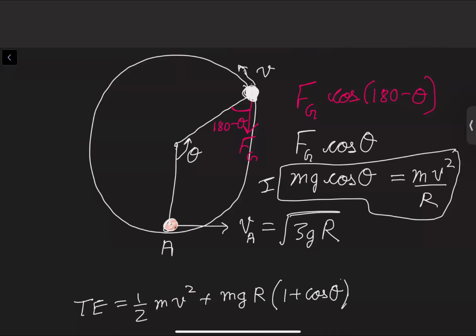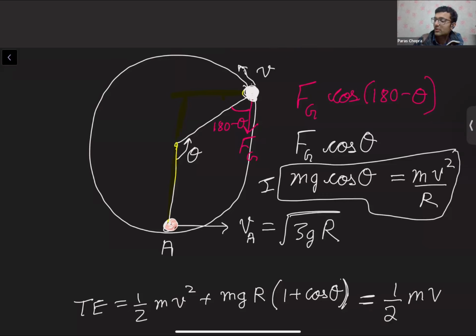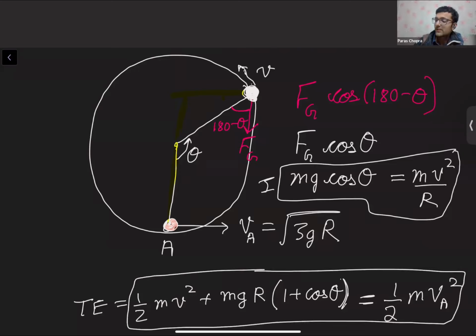Okay, so ये total height will be this height which is r plus the additional height which is r cosine theta. तक height लेना है हमें. Therefore the potential energy will be mgr(1 plus cos theta). And this will be equal to half mv_a square because this is the total energy at point A. So we have two equations and using these two equations we can calculate velocity v and angle theta. तो जो भी पूछा है वो निकाल लेंगे.